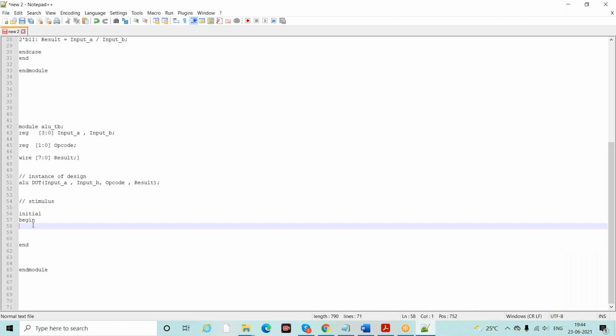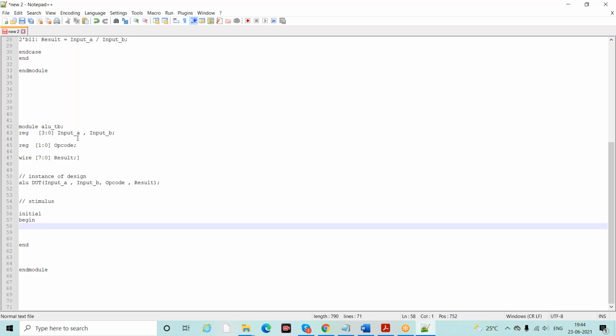Okay. So now I am going to give the input. You may have a doubt, sir, how can we give the input? See, this is a very simple technique to force the stimulus. Don't worry about writing test benches. Most of the time the student feels it is difficult. Here there is nothing, only three or four steps, that's it.